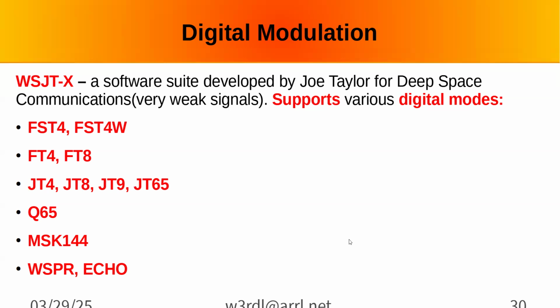And then the military, adapted for ham radio? He got the Nobel Prize for deep space stuff. He's Bell Labs. But he's also a ham, and so is Frank, I believe. So the two of them did a bunch of this stuff that's in WSJTX.